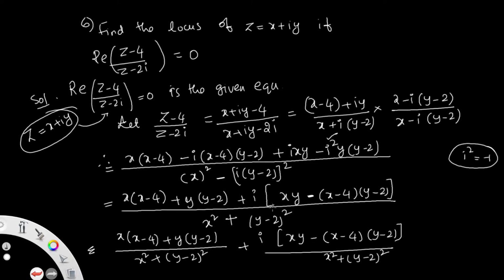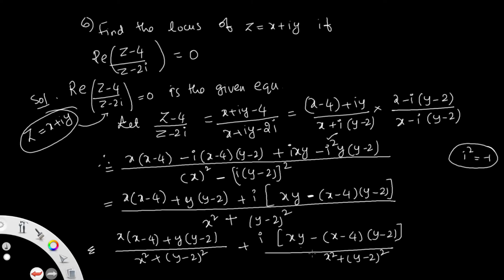So the first and last terms are the real part, and within the rest, i is common: i times (xy minus (x minus 4) into (y minus 2)) divided by x square plus (y minus 2) whole square, because i square is there. We have separated the real part and the imaginary part.